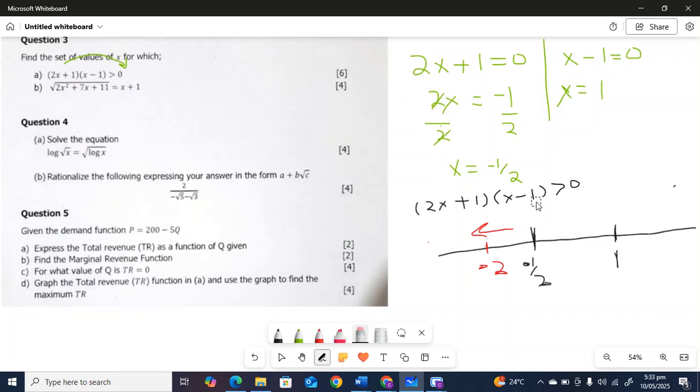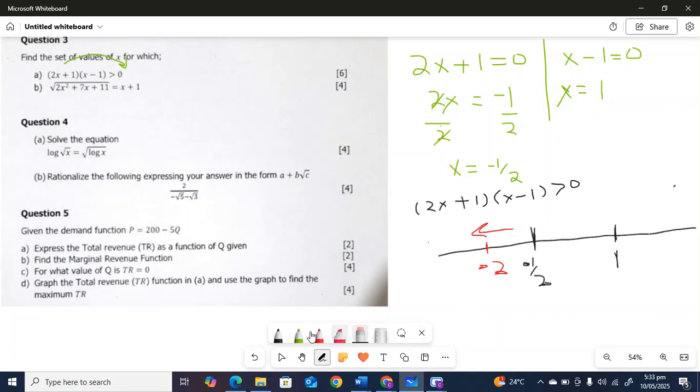If it holds the inequality true, then that range of values is part of the possible values of x. So let's try negative 2.